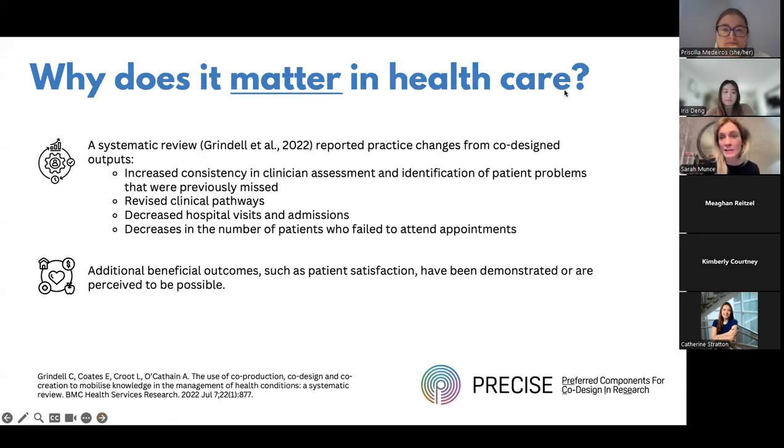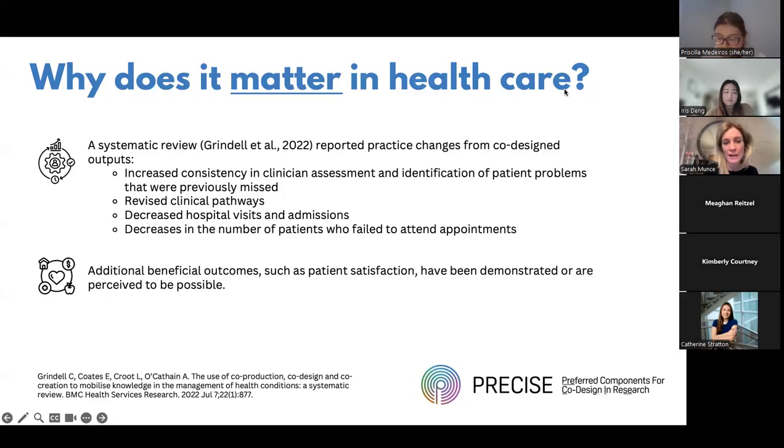So, why does it matter in healthcare? With this audience, I likely don't need to articulate those reasons. We often hear that doing co-design leads to more relevant, appropriate, sustainable, implementable interventions.